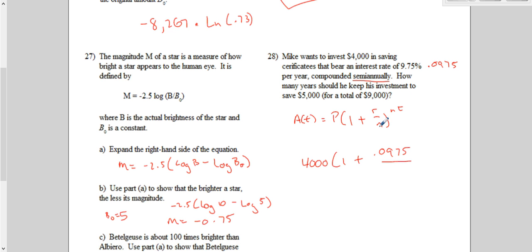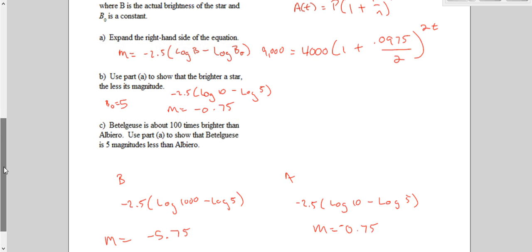N is my number of times compounded annually. Semi-annually means twice. And then I put n up here again, so 2. I don't know how many years it's going to be, but I want to save $5,000, so I have a total of 9,000. So this is going to be 9,000 equals all of this, and I need to find my t value.